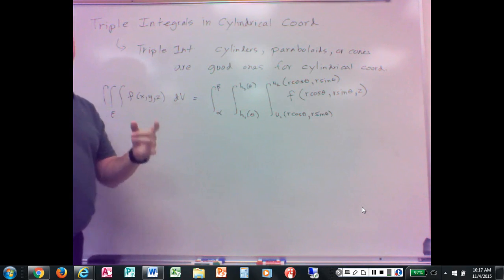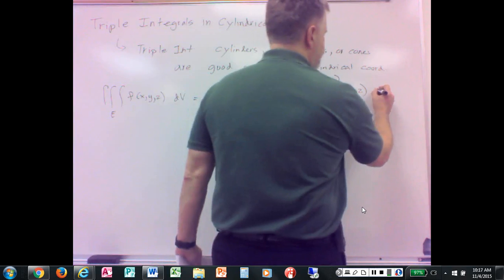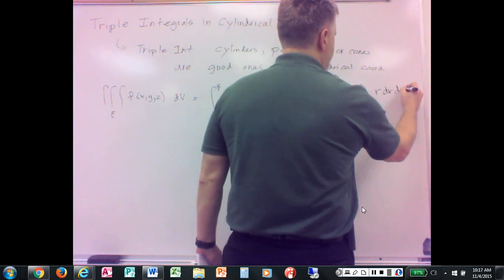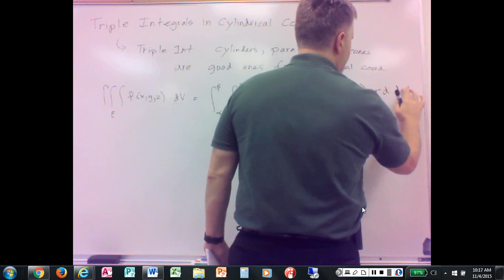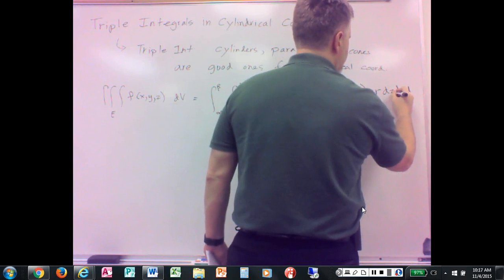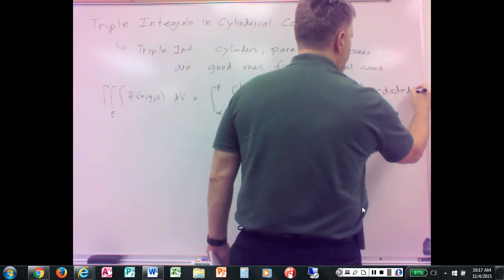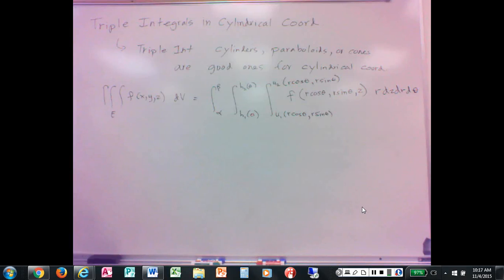Same thing for cylindrical. You need the extra r. You still kind of got polar. So it looks bad, but it usually works out pretty well.